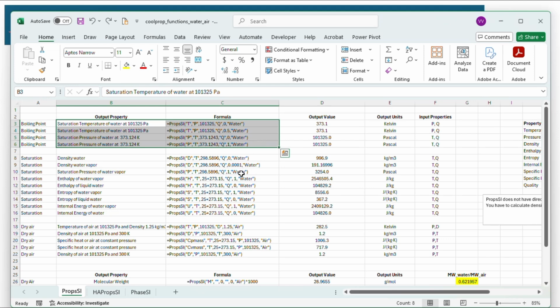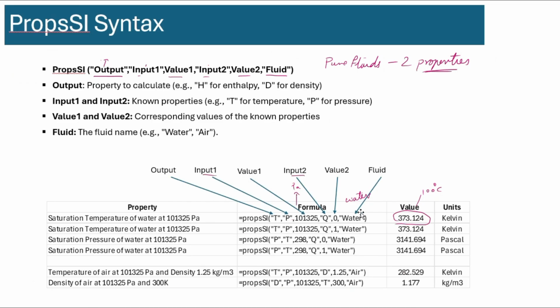Okay. So here, one thing to note is the Q value, right? So the moment you specify an input of Q, which basically is called quality, you're by default telling CoolProp that I am on this line, on a pressure versus temperature phase diagram.